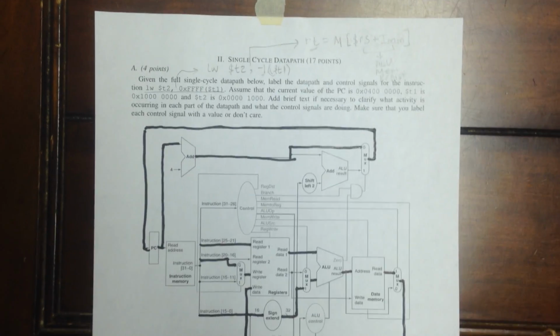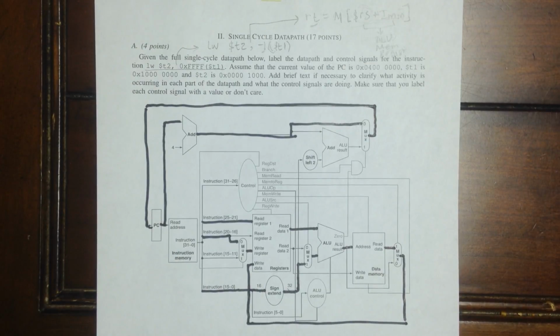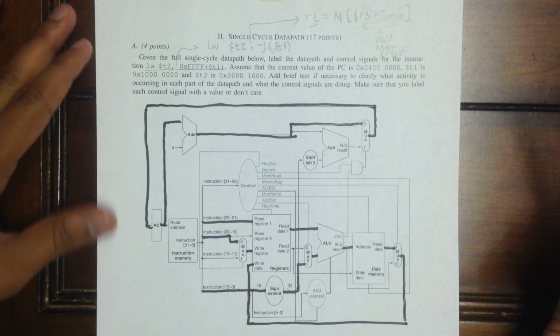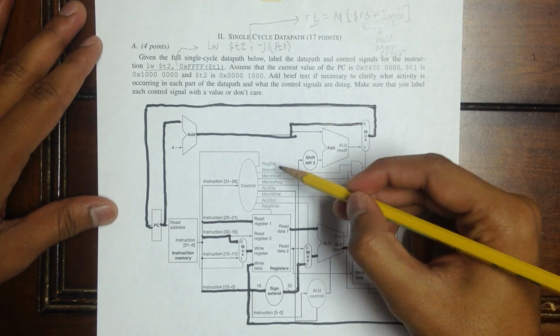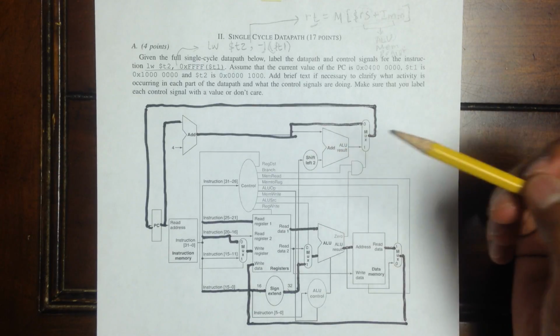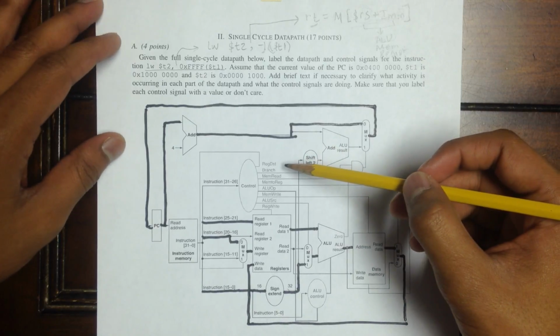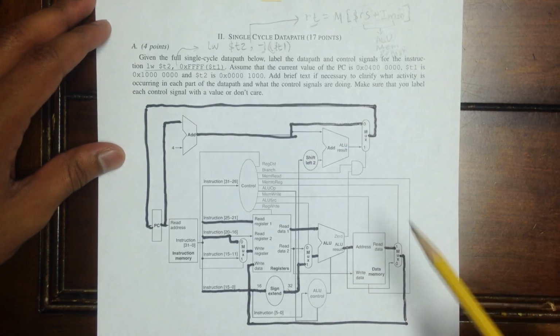Now, we want to know what controls we're going to be using. The controls we're going to be using are all of these right here. Each control asks a certain question, so let's go through what the first is asking.